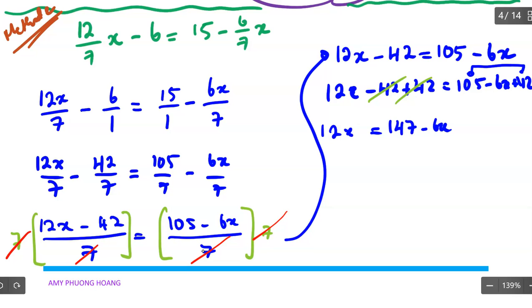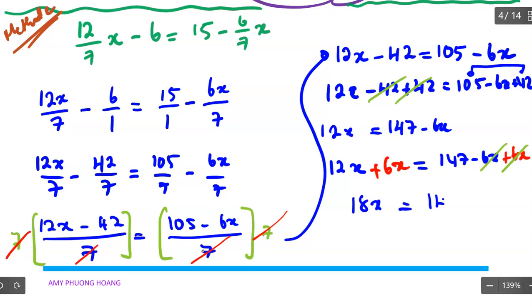The next step is I am going to add 6x to both sides. Then this cancels out. So what do I have left? I got 18x equal to 147. I divide both sides by 18.